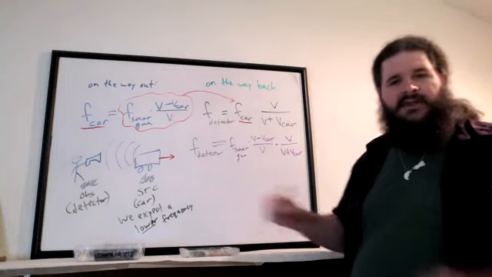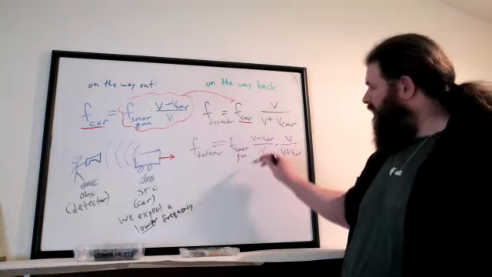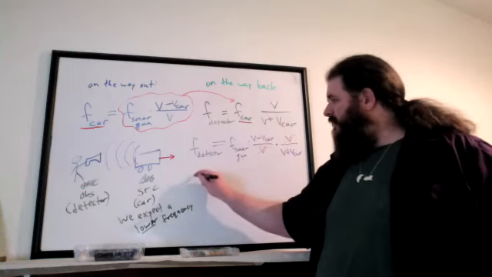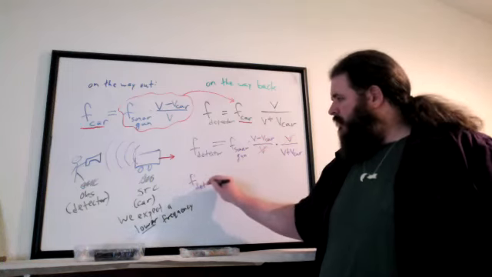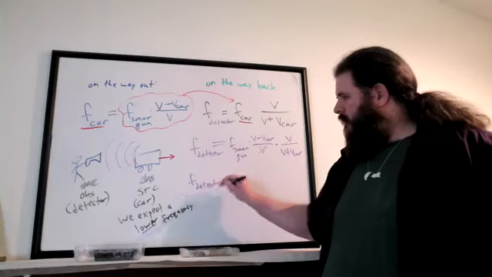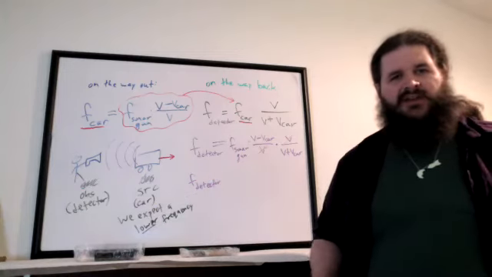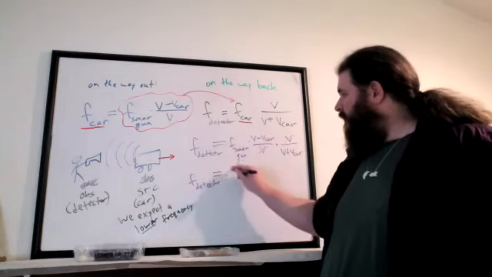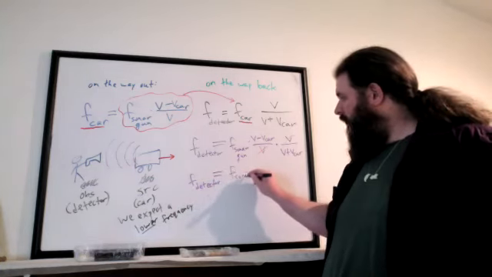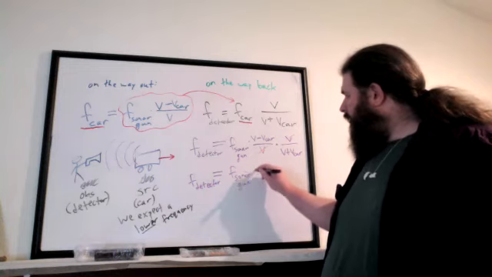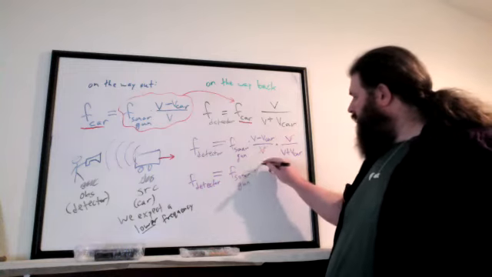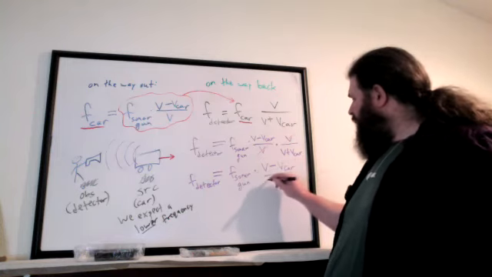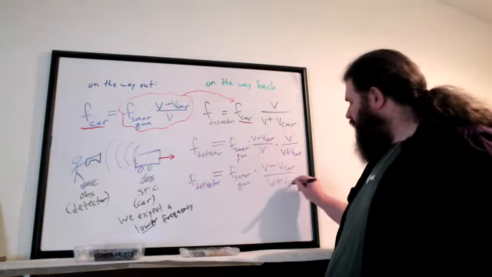At that point, the times V and divided by V cancel out. So frequency heard by the detector, and that is presumably known because that's going to show up on your display panel on the sonar gun, equals frequency created by the sonar gun, and we know what that is, times this ratio, speed of sound minus speed of the car, divided by speed of sound plus speed of the car.